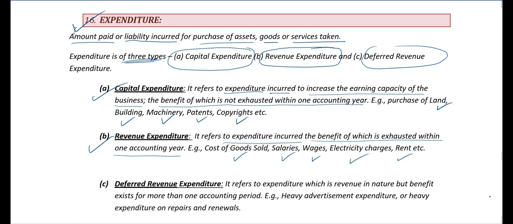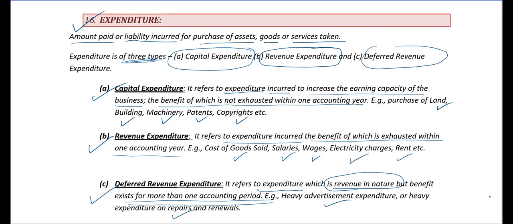Now the mixture of capital and revenue expenditure is deferred revenue expenditure. In this case, the expenditure is revenue in nature, but the benefit we get for more than one accounting period. For example, heavy advertisement expenditure or heavy expenditure on repairs and renewals. Now let's say a company incurs heavy expenditure on advertisement in the current accounting period. Now the benefit of that expenditure, people will still buy the product in the successive years.